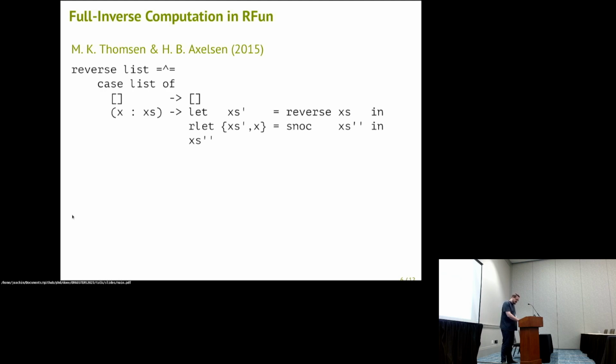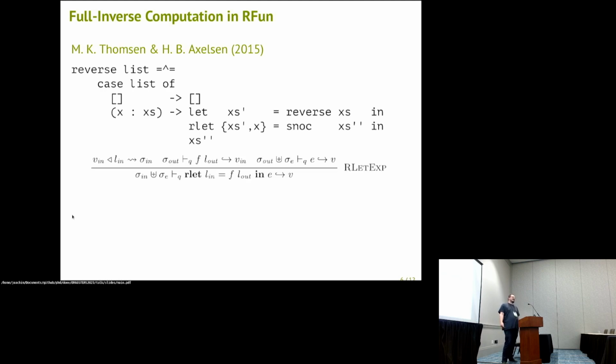Let's just talk about rlet for a second. The judgment form is: in some environment, given some expression, it evaluates to something. The environment is on the left-hand side of the turnstile, the expression is between the turnstile and the little squiggly arrow, and the thing it evaluates to is on the far right.